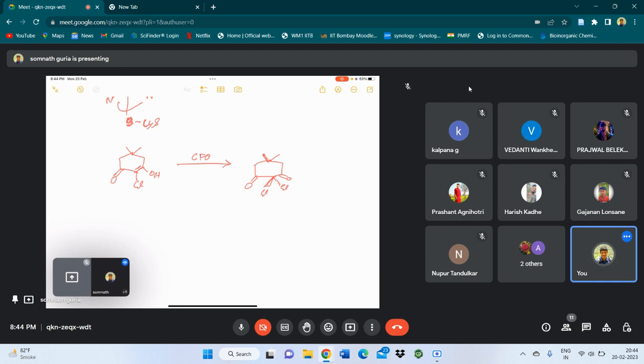How is this reaction happening? Let's think about the mechanism part. So mechanism part means Fe center. I'm not writing the rest of the porphyrin, only S. The iron is 3 plus.